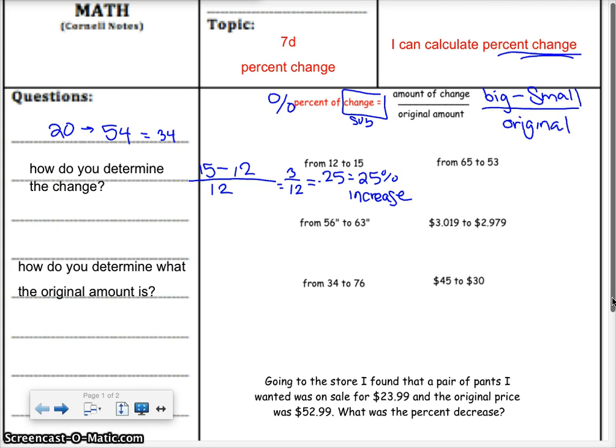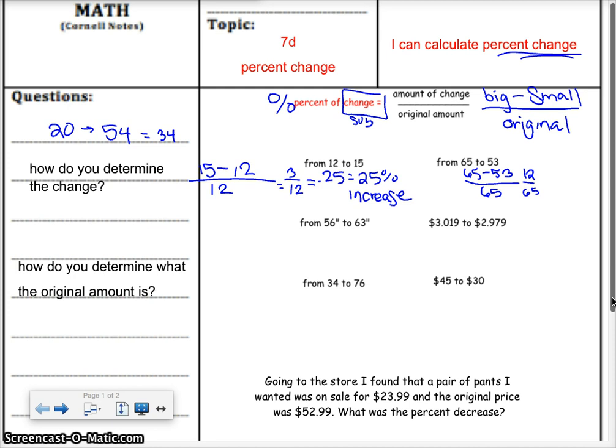Second one, I went from 65 to 53. What was my percent change? So big number, 65, minus small number, 53, divided by the original. Which one's the original? 65. Yep. So I'm going to go ahead and do that. 65 minus 53 is 12 over 65. Turn it to a decimal. 0.1846, all that lovely stuff.